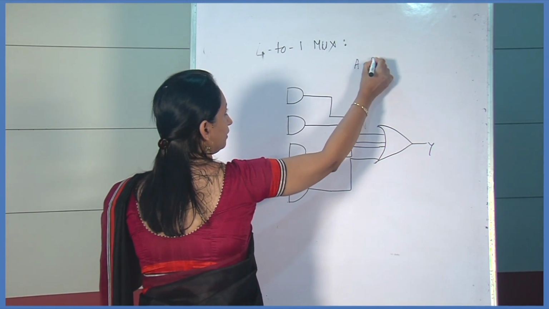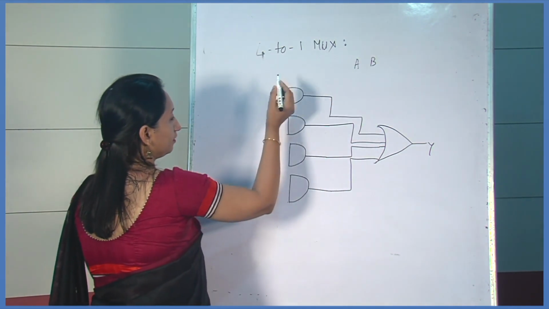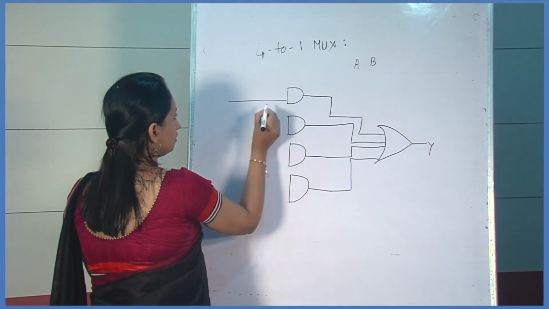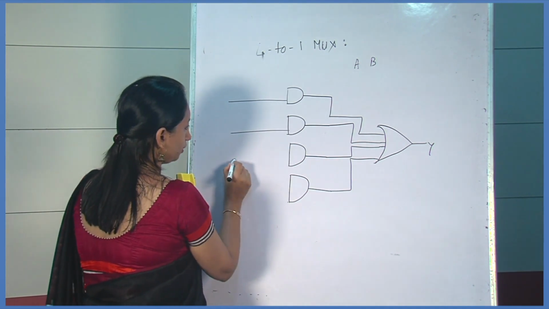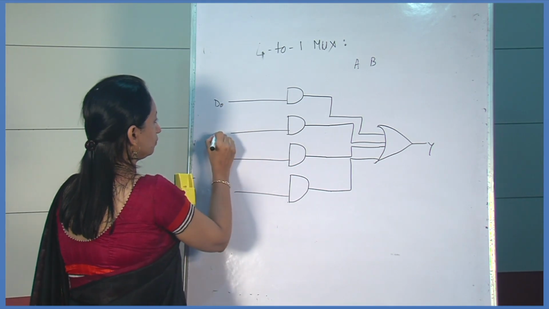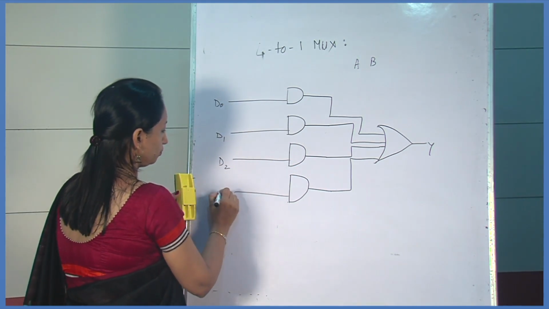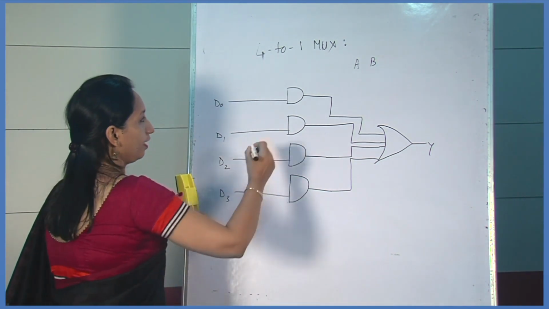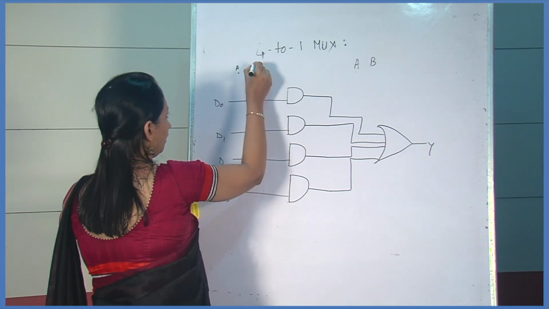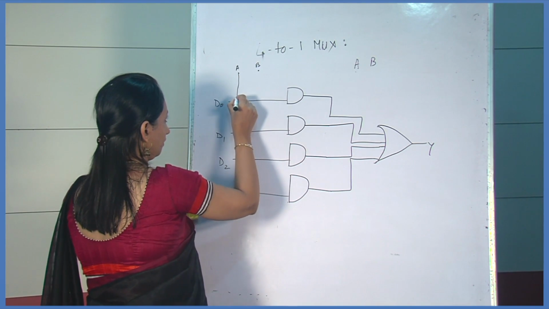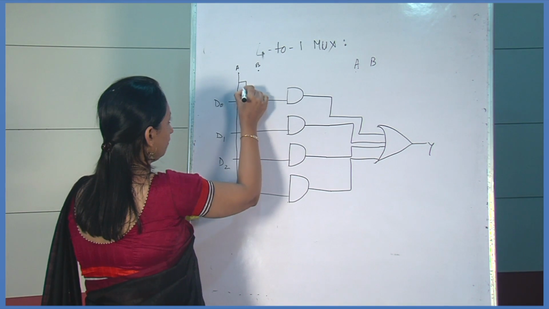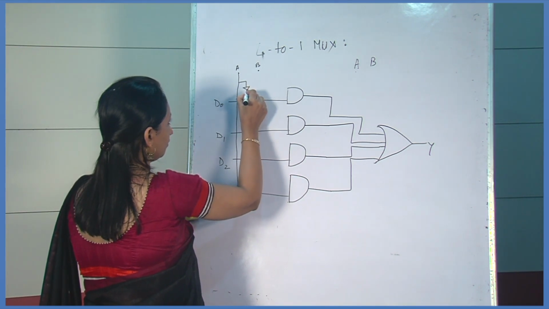Suppose A and B are the control lines, and the data inputs are D0, D1, D2, then D3. These are the 4 inputs. And A and B are the control lines. Here a NOT gate is given.